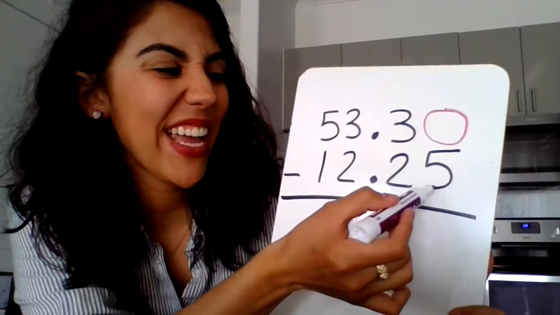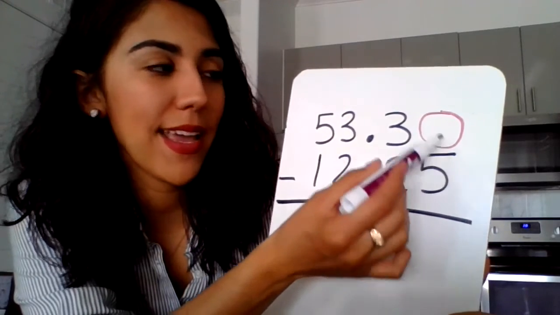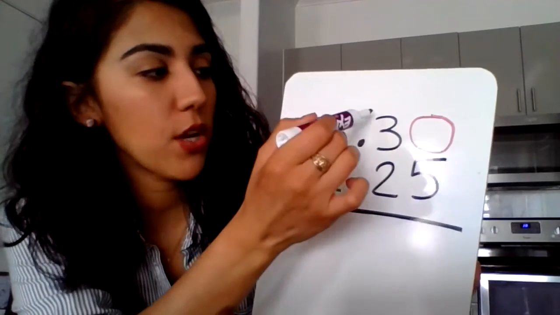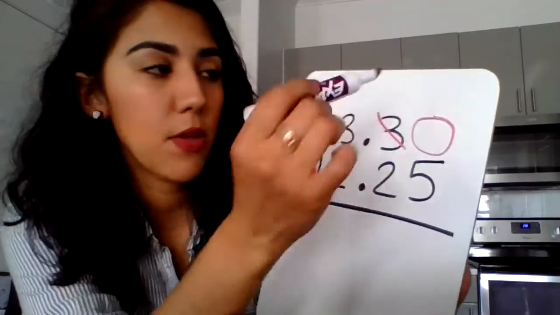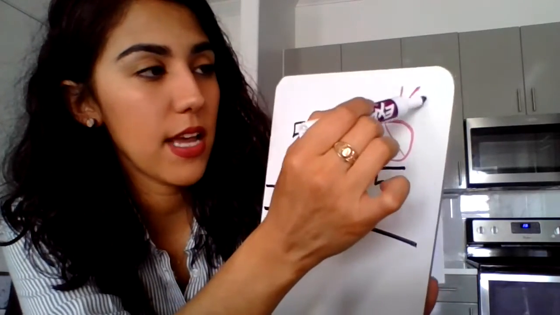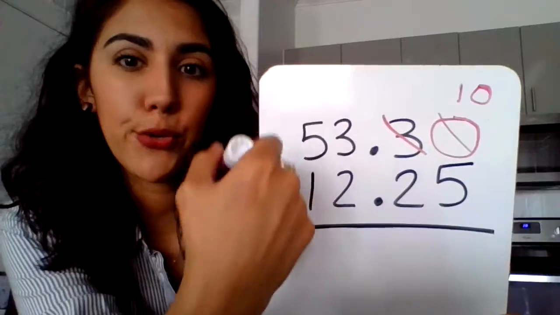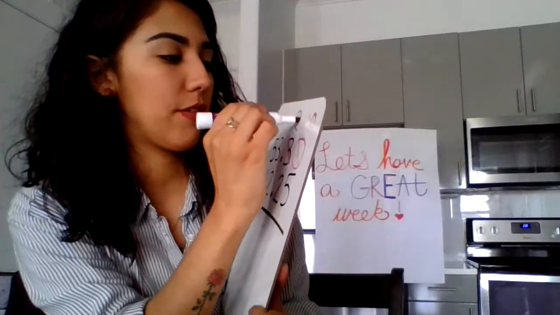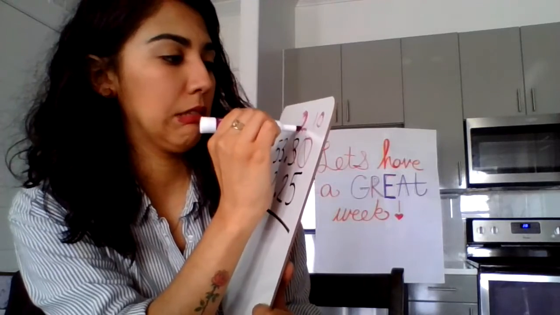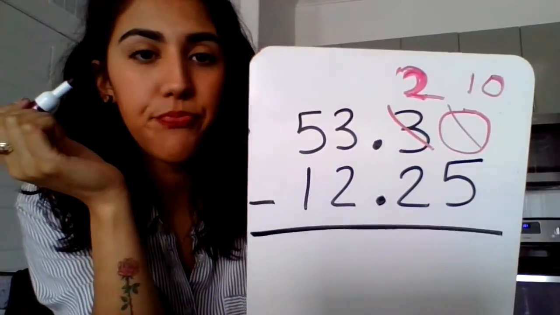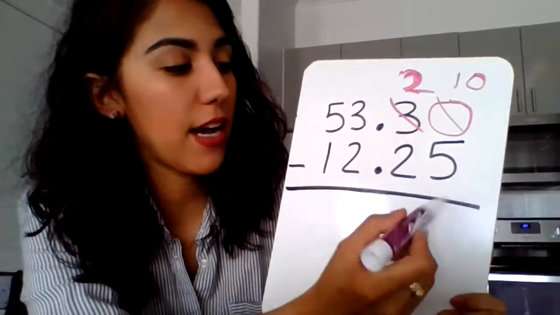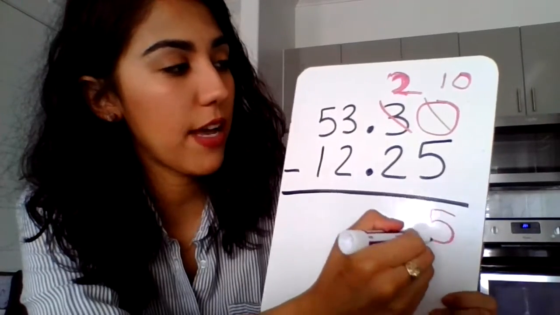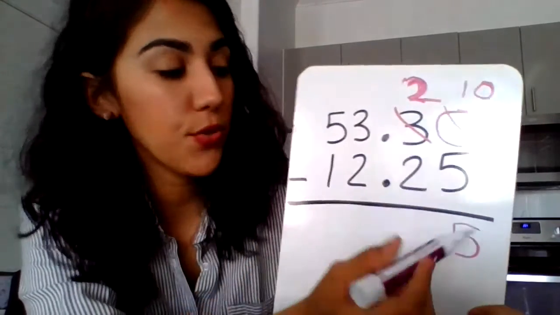Well, I can't really give Jordan 5 pieces of candy if I have none. So I'm going to go to my next door neighbor and he's going to give me one. So it's going to make that 0 a 10. And since he gave me 1, 3 minus 1 is 2. Yes, that's a 2. A funky looking 2. Okay? 10 minus 5 equals 5. 2 minus 2 is 0.